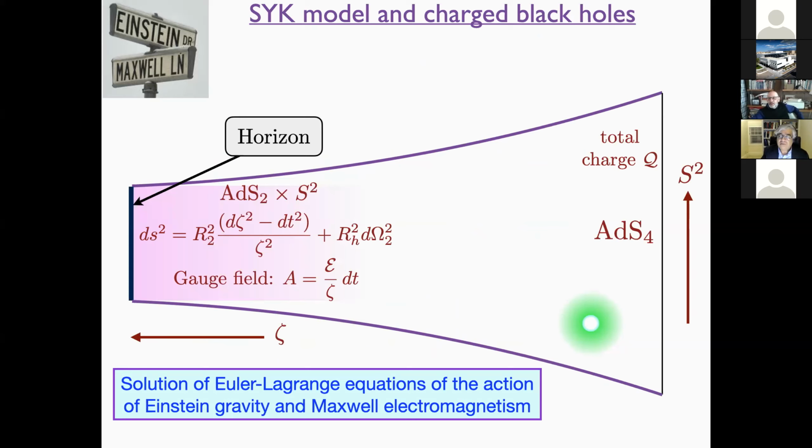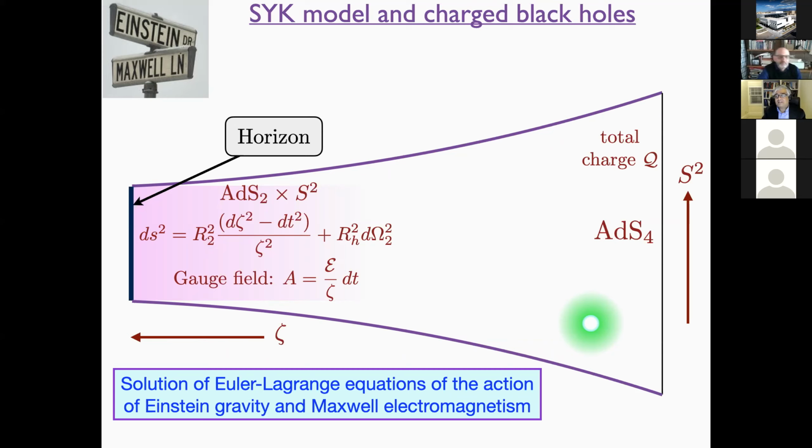Sachdev, we have a question. Yes, please, go ahead. So just to be clear, does the charge of the black hole here map to the chemical potential in the SYK model? Yes. I mean, it's not completely literal. I will show the connection in a minute, but that's correct.